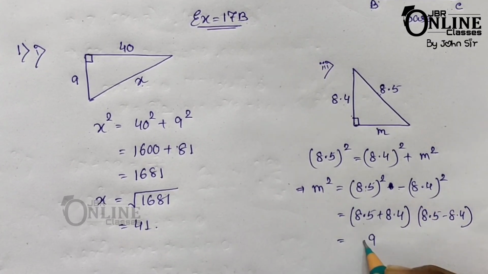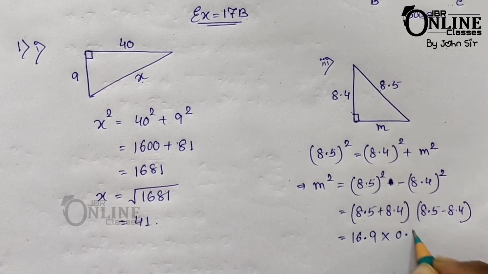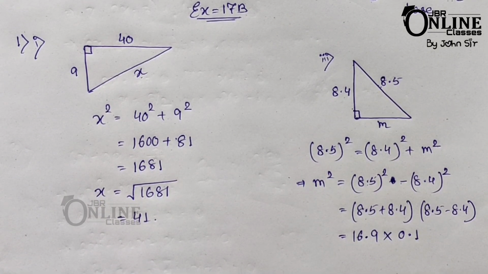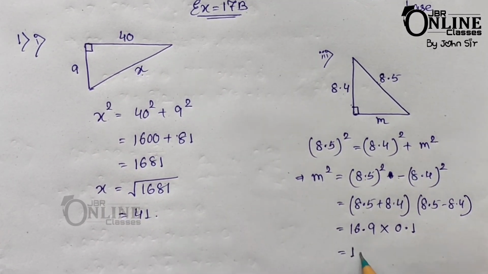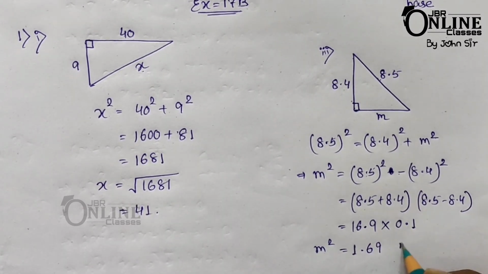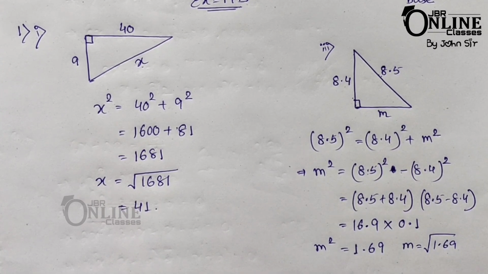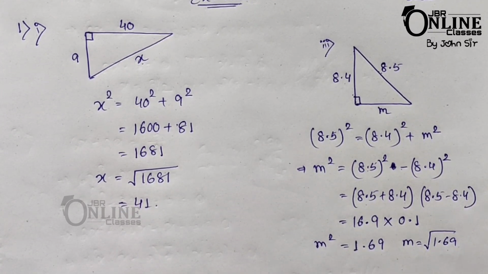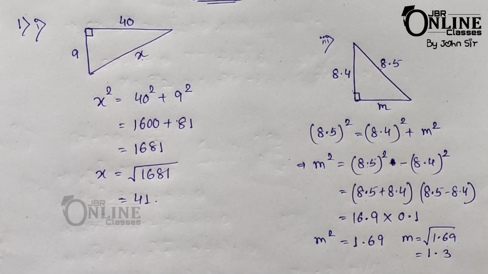So that means 16.9 and here 0.1. So 16.9 into 0.1, that equal to 1.69. Okay, so M square equal to 1.69, then M equal to root over 1.69. The value equal to 1.3. So 1.3 is the final answer.